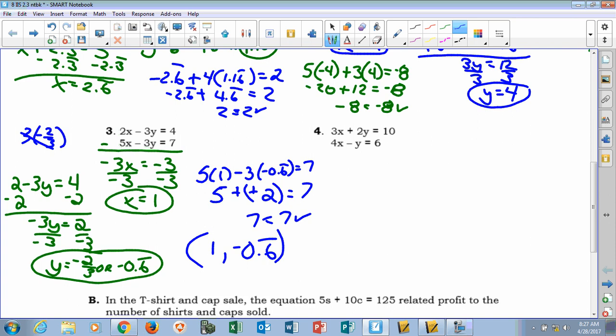Look at number 4. Let me make a little line here. What's special about number 4? Yeah, there's no same number or different or same sign, right? So remember, we had lots of practice making equivalent equations, right?